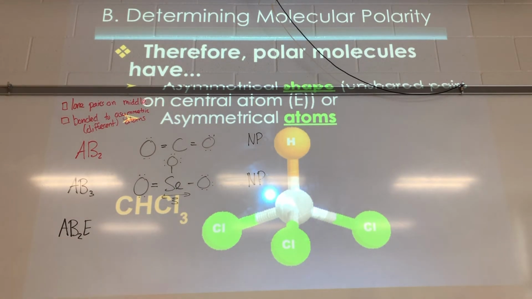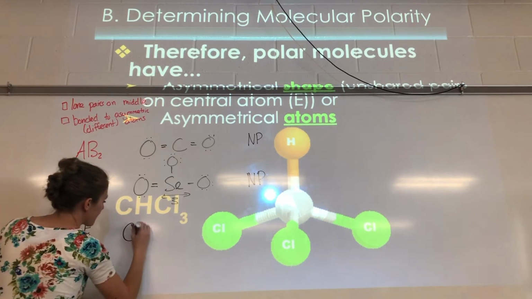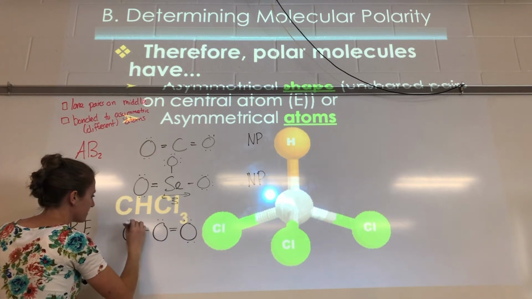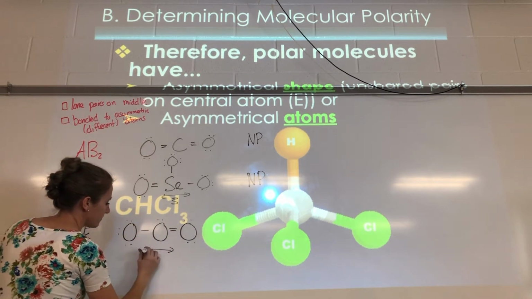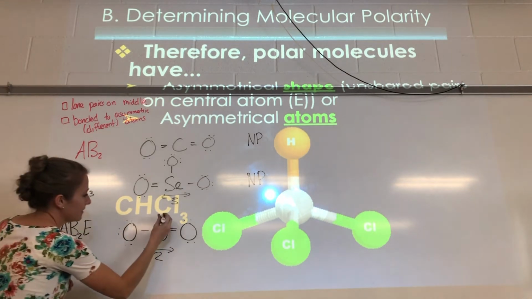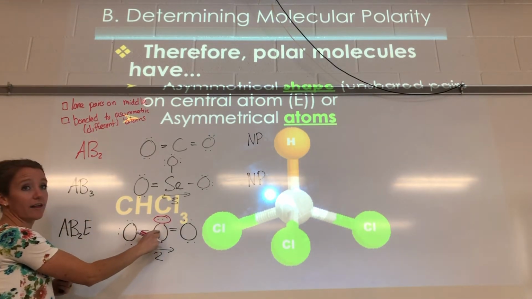Okay, AB2E. What did we do for this example? Oh, that's right. Thank you. All right, so here's my structure. Lone pairs on the middle. Yep, that's what these are. So lone pairs are dots on the middle atom.